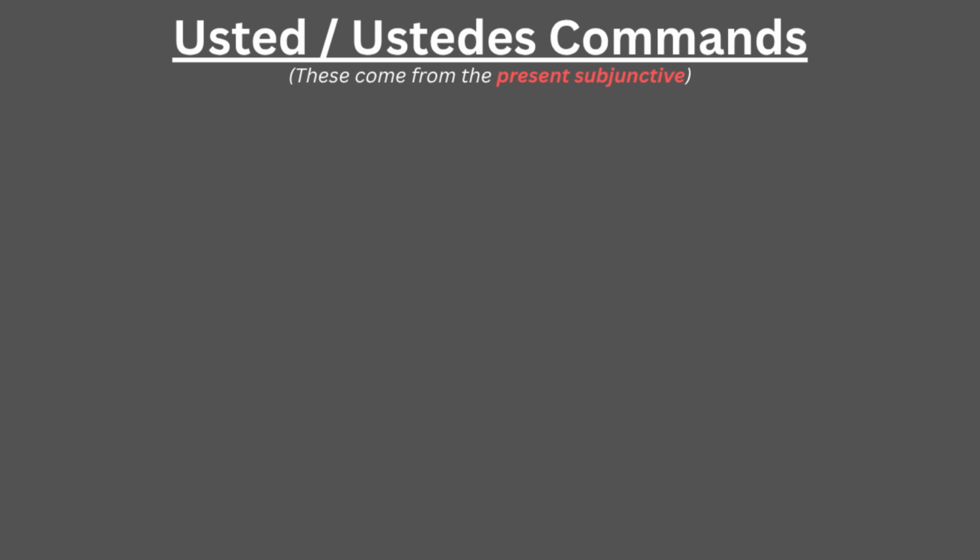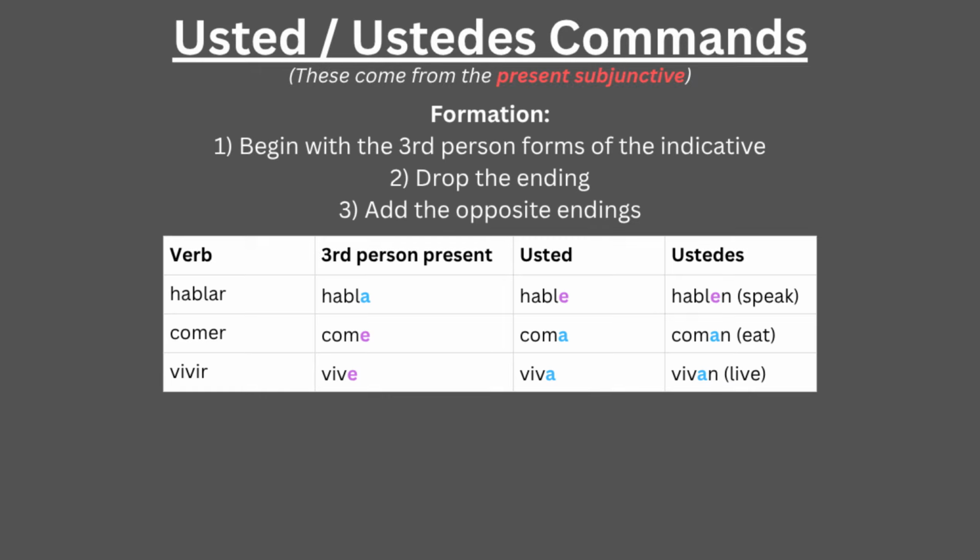Now, we can see how to form commands for usted and ustedes. Their forms come from the present subjunctive, which I will show in the next video. For now, we can consider the formation, which is not too difficult. First, begin with the third-person forms of the indicative. Drop the ending and add the opposite endings. Hable, hablen.